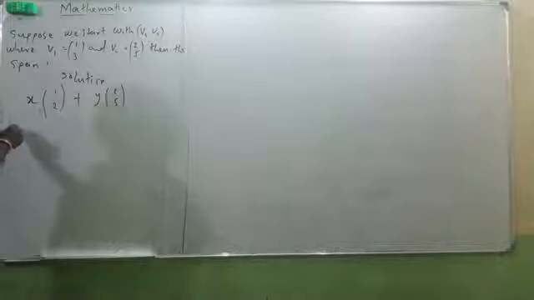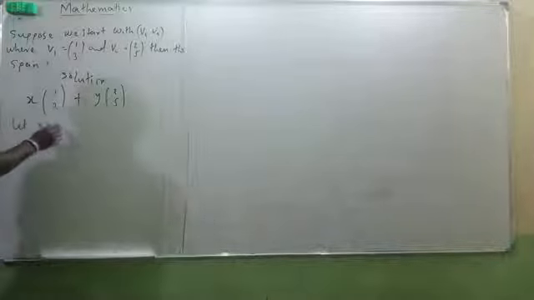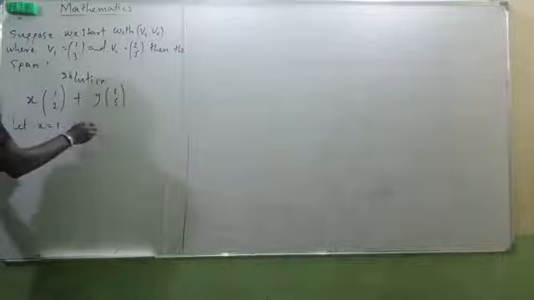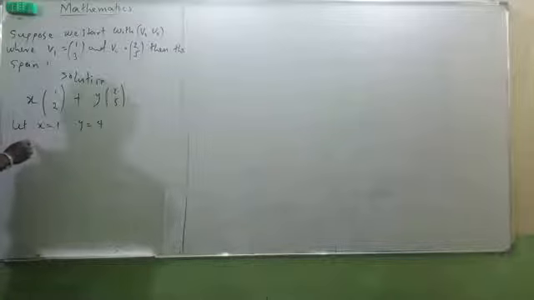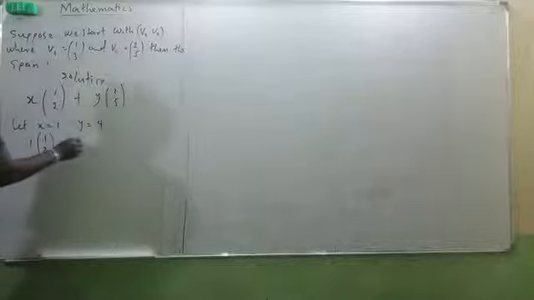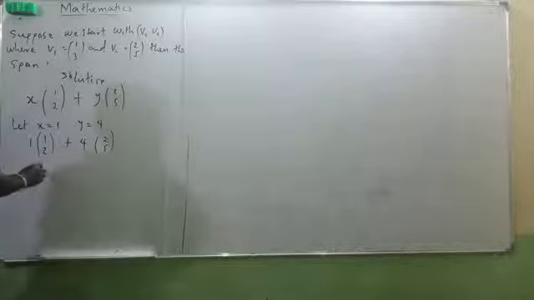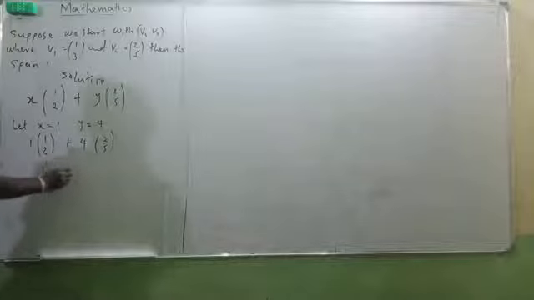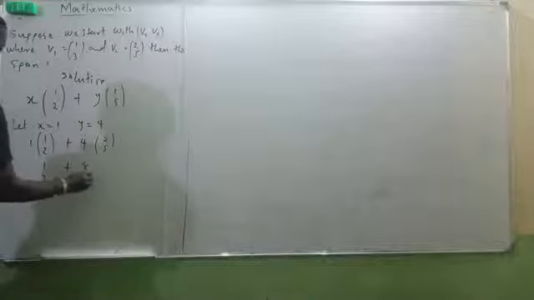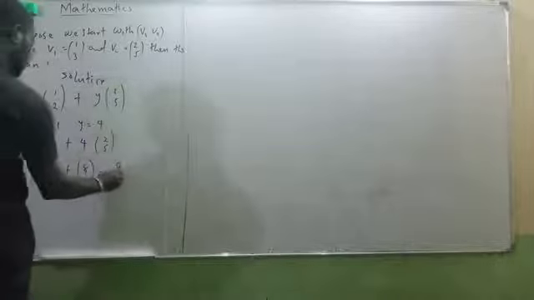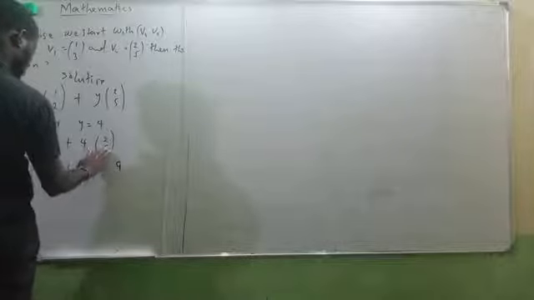Now let me say, let X equal 1, Y equal 4. It means I'm talking about 1 plus 4. It means 1, 2 plus 8, 5. Now, which will be equal to 9, and this is 20, sorry.